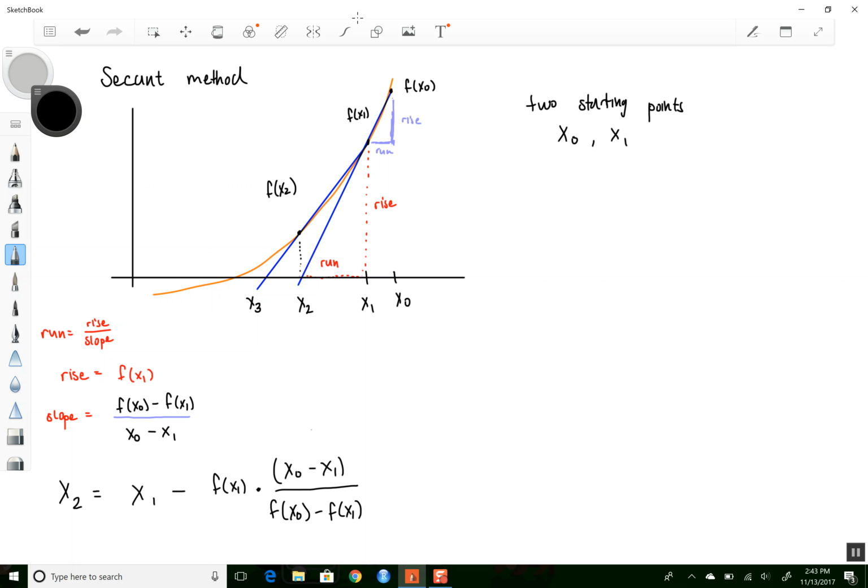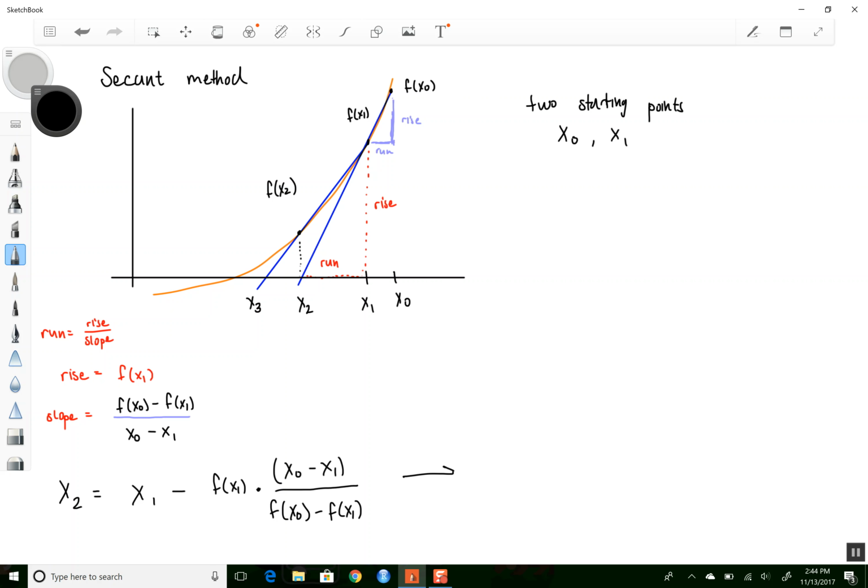The book has the same thing, except they have x1 minus x0 and f of x1 minus f of x0. Sorry, they have these terms flipped around, but it's the exact same thing. So sorry, I deviated from the book just a tiny bit.